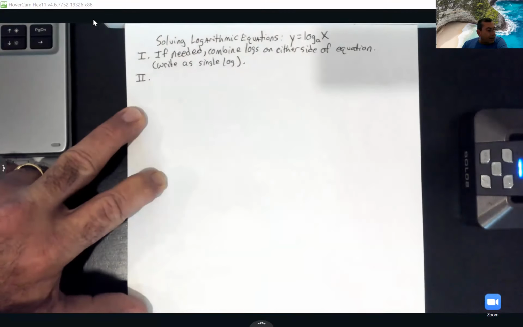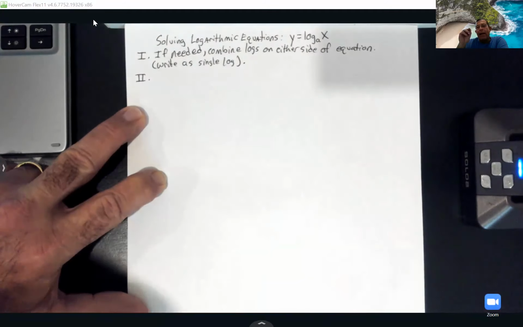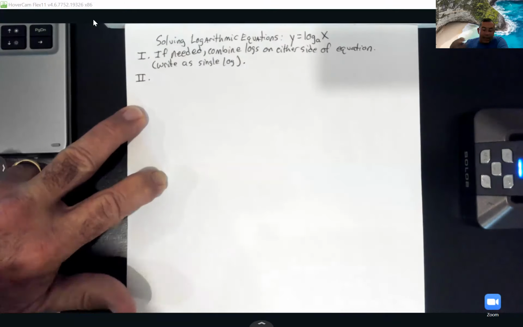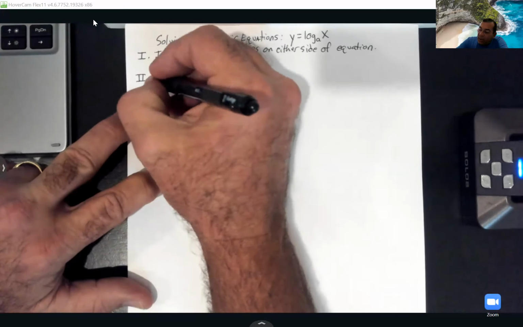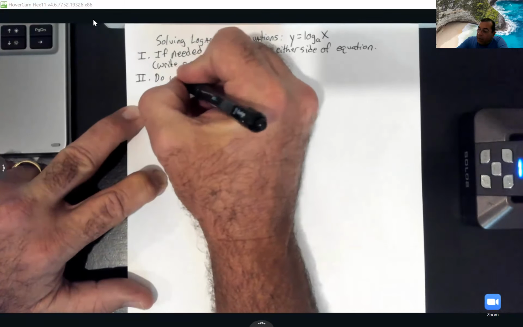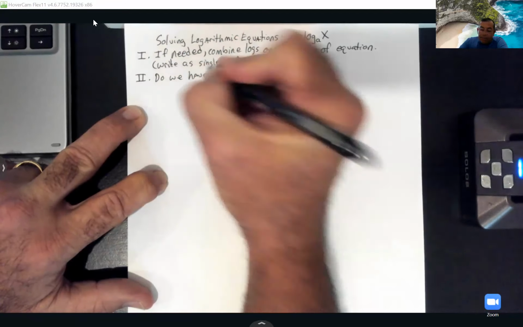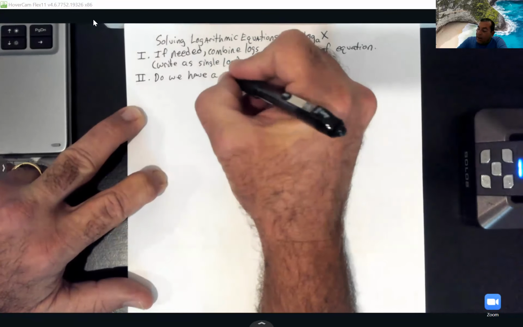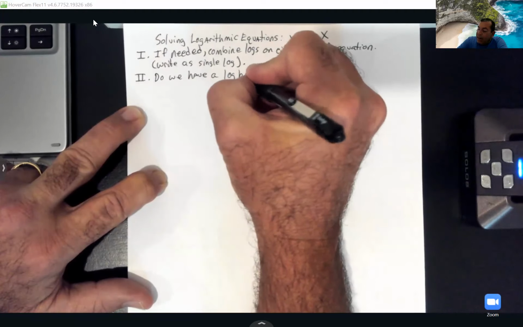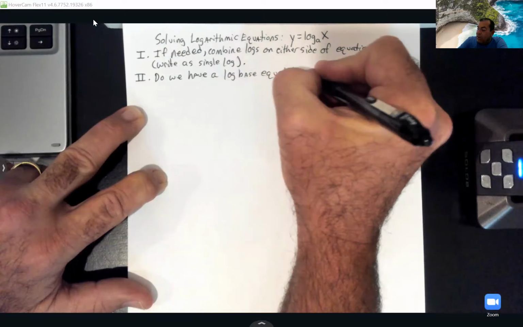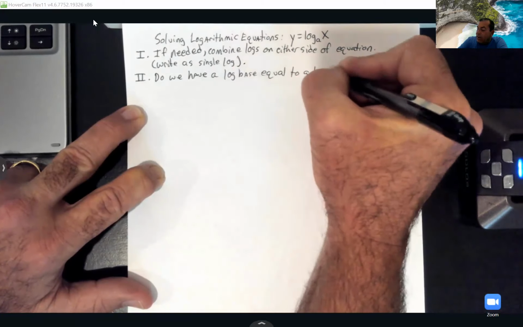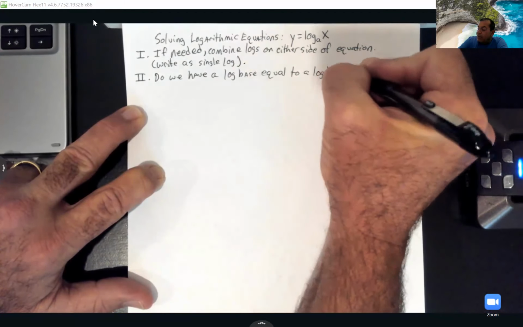All right, next. I look at both sides and I see if I have a log base on each side. So do we have a log base equal to a log base?